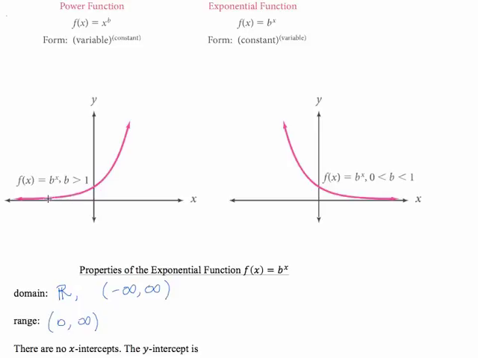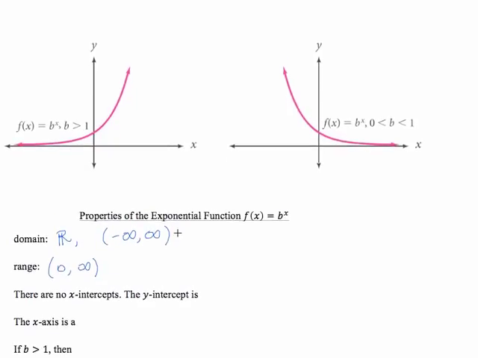Although you can see that it does get closer and closer to 0 out in that direction and also out in this direction. There are no x-intercepts because it never crosses the x-axis. The y-intercept is always the same, however, because if you plug in 0 for x, b to the power of 0 equals 1, regardless of which function you're on.